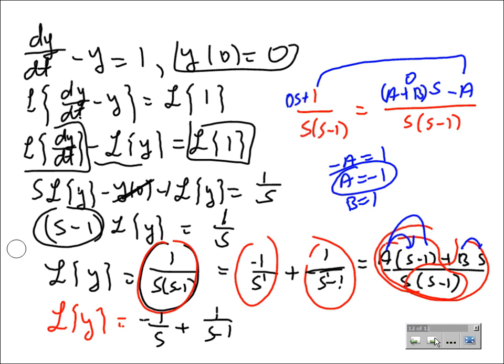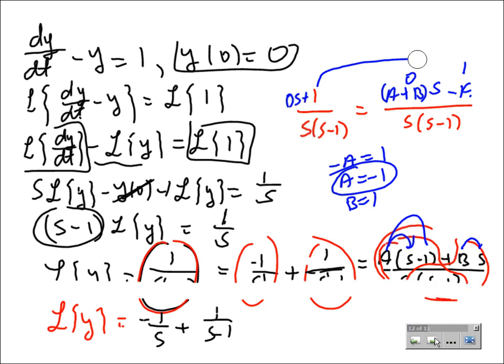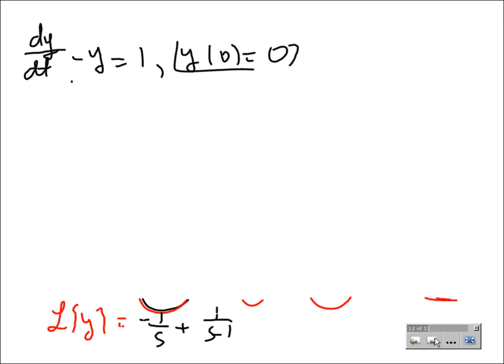But that's somewhat simple to solve. Just going to recopy it. L of y is negative 1 over s plus 1 over s minus 1.